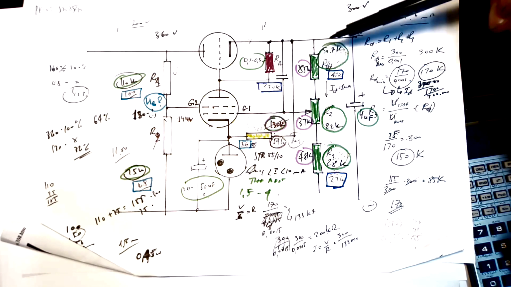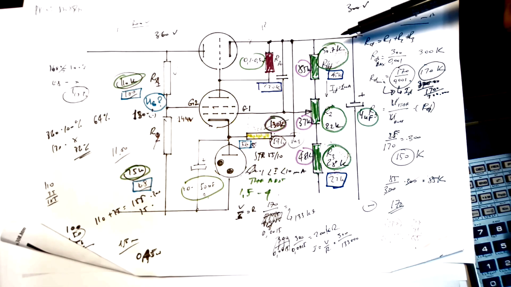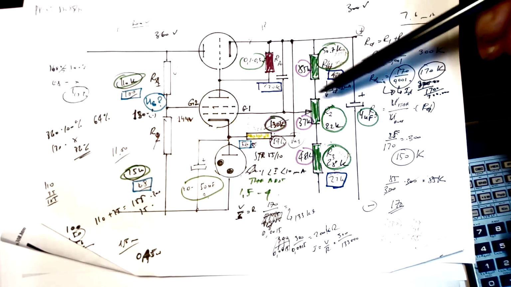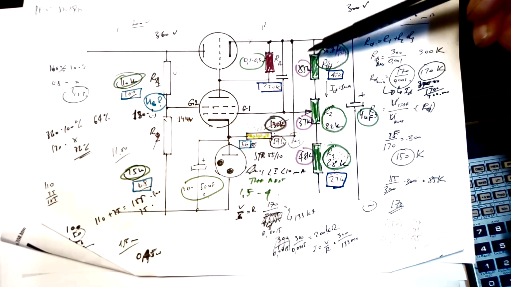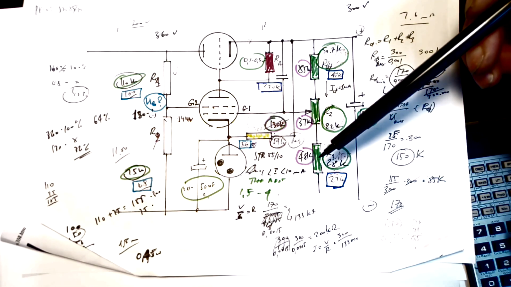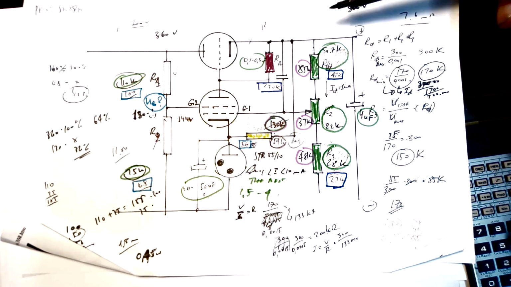Here is no space, no margin, no room to play with these values. These values have to be rather accurate, because otherwise you're going below the stabilization range, so it doesn't make sense.